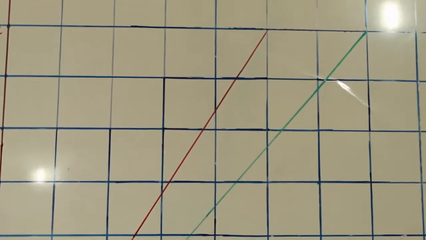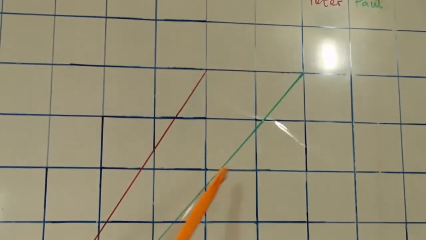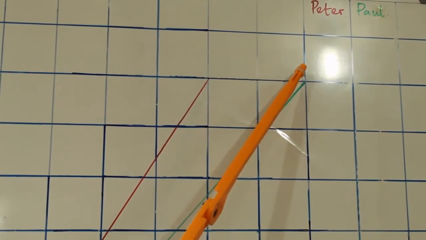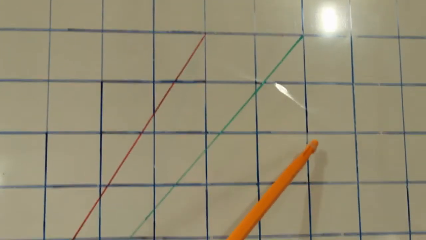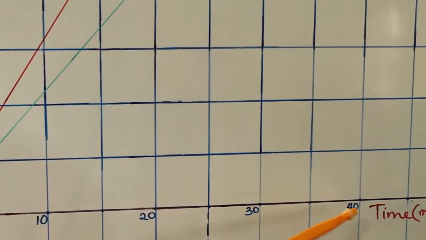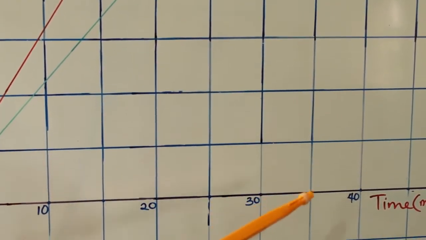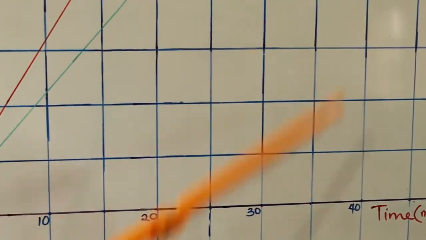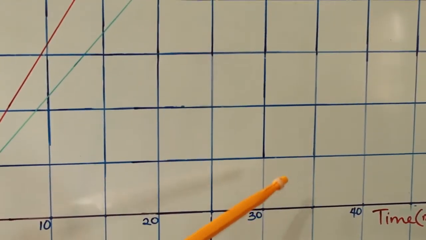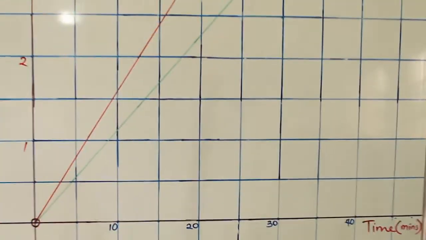While for Paul, this is the straight line graph for Paul, and it stops at this point, halfway between 30 and 40 minutes. It means that it took Paul 35 minutes to get to school.